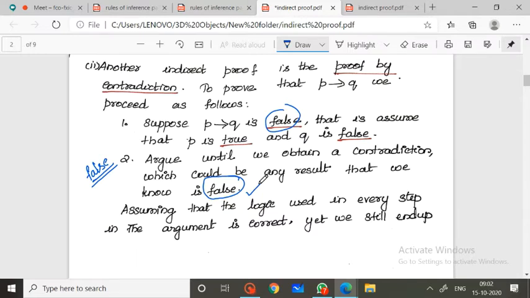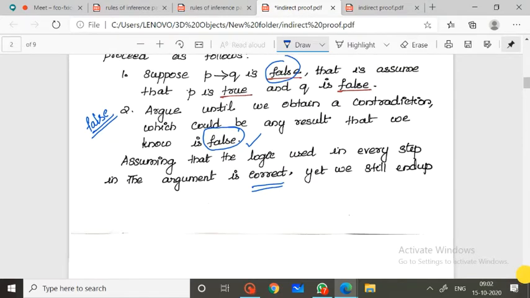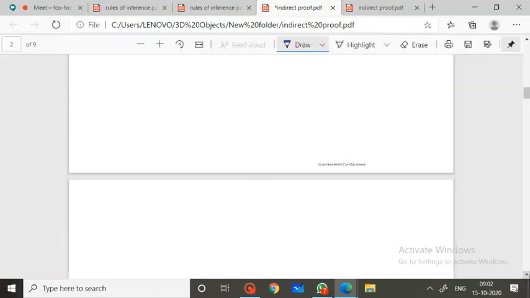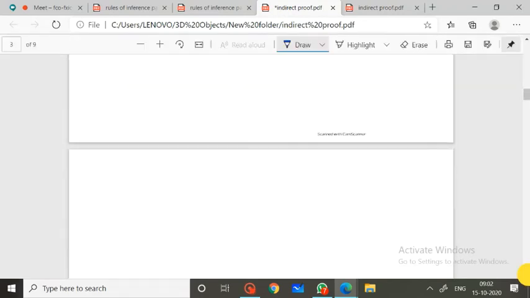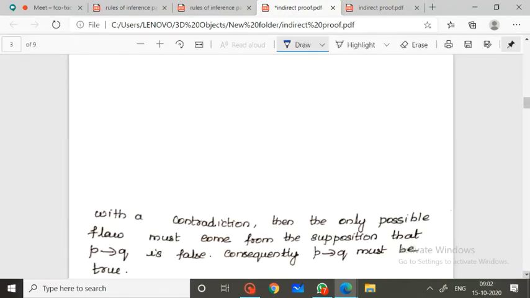Assuming that the logic used in every step of the argument is correct, that means you have to give valid arguments, and at last you will get a contradiction. So do the calculations till you get a contradiction.